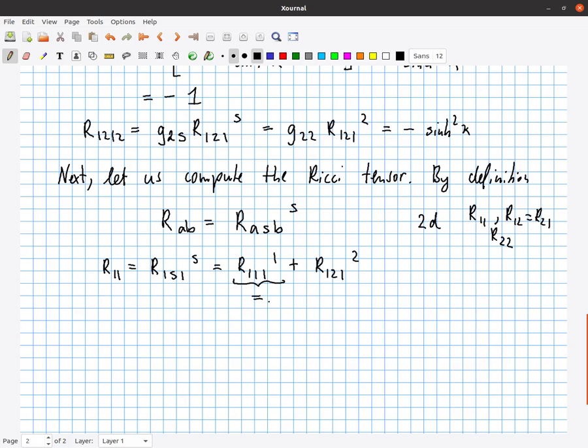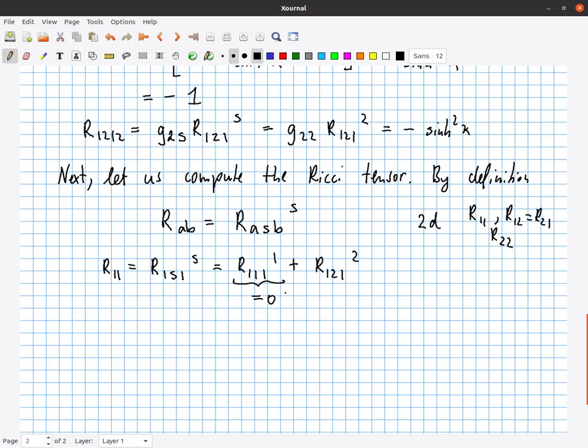This term is 0 because the Riemann curvature tensor is skew-symmetric in the first pair of indices. Therefore, R1,1, two arbitrary indices, is the same as minus R1,1, two indices, because you can swap the ones over, you pick up a minus sign, and something can only be minus itself if it is identically 0.